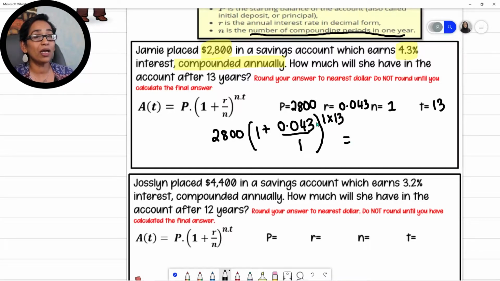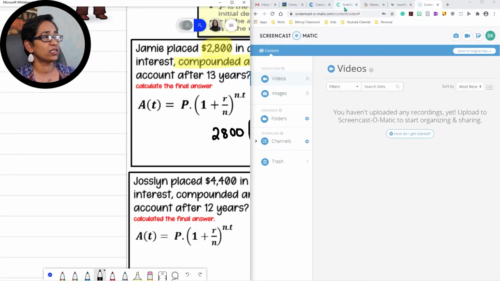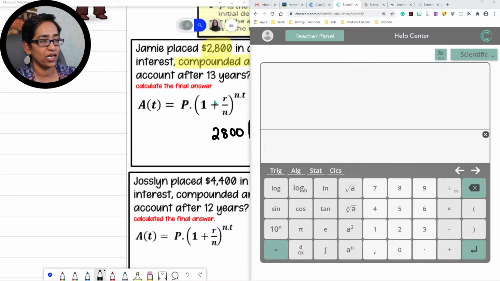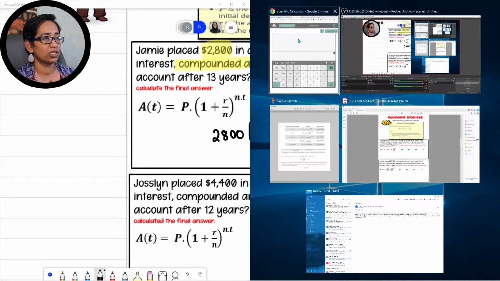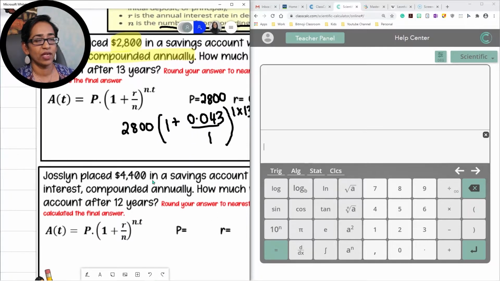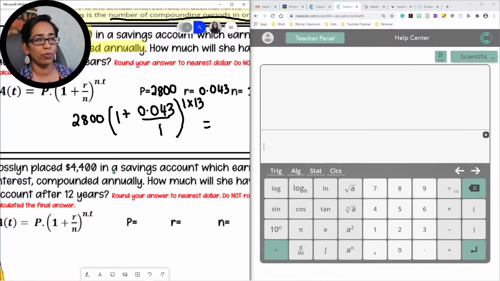I'm going to go ahead and plug the entire expression into class calc. So let me go ahead and show that to you. Here is my class calc on the right hand side, and here is my problem.